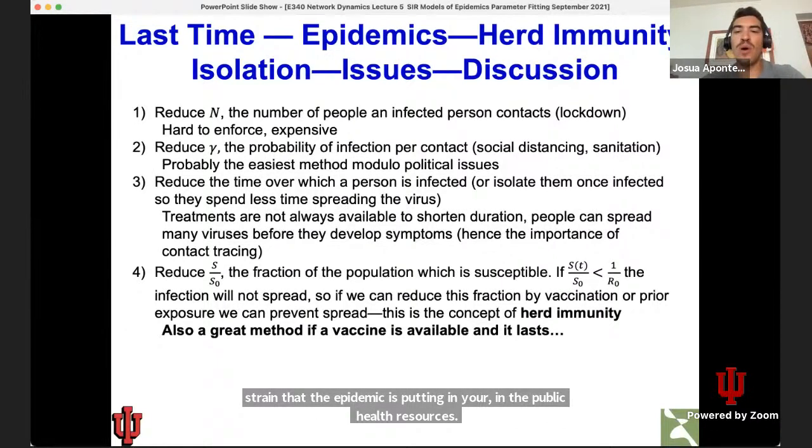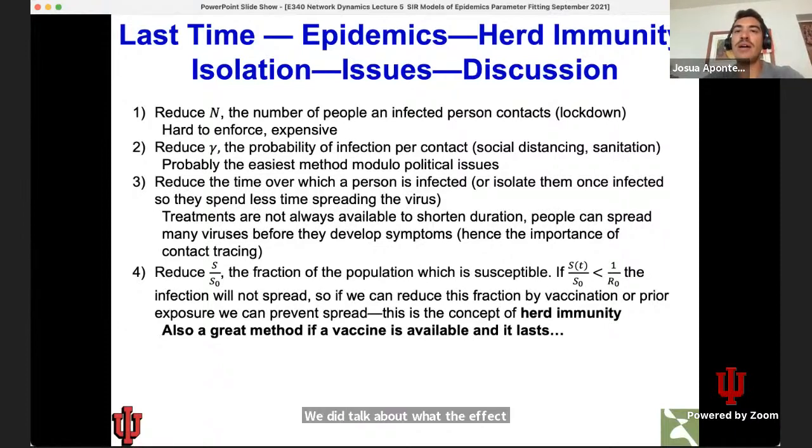We did talk about what the effect of some containment measures are and how they could be represented in the model. So, for example, reducing N, which is the contact between susceptible and infected individuals, will require implementing types of lockdowns or other measures that prevent people from getting in contact with each other.